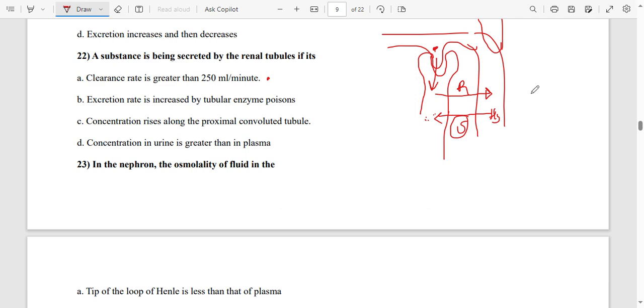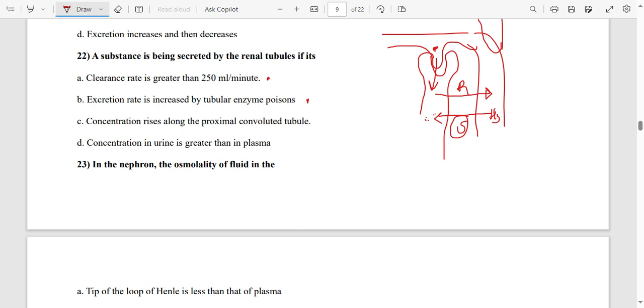So meaning this one, excretion is going to be increased, meaning that can't be true because excretion is a result of clearance, things which have been removed from blood. So it can't increase with poison. Instead, it's supposed to decrease, right? So this one can't be true.